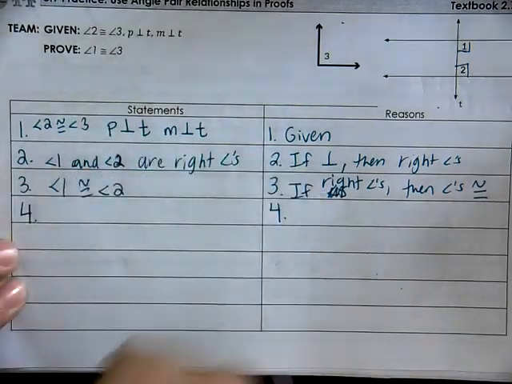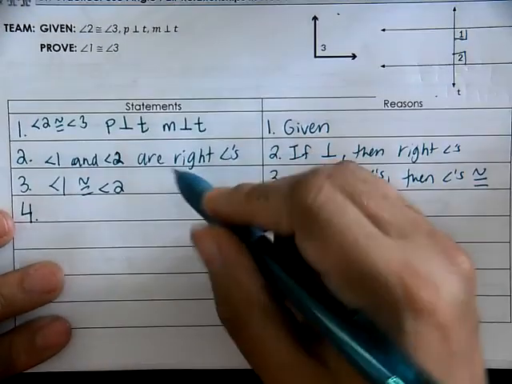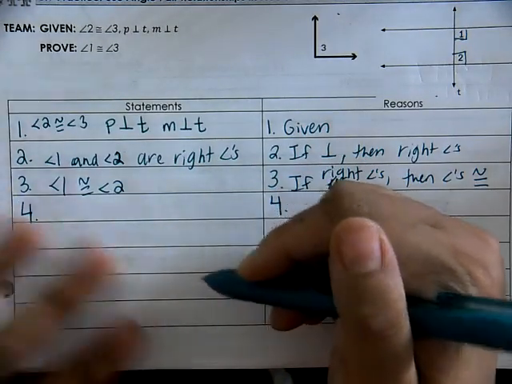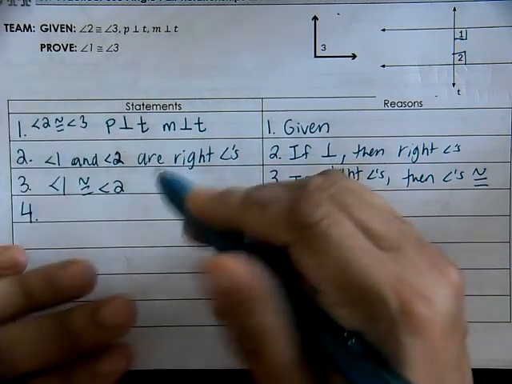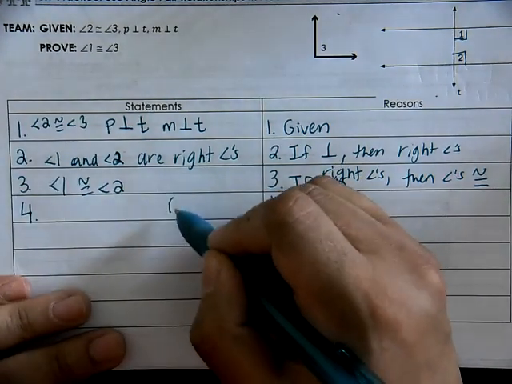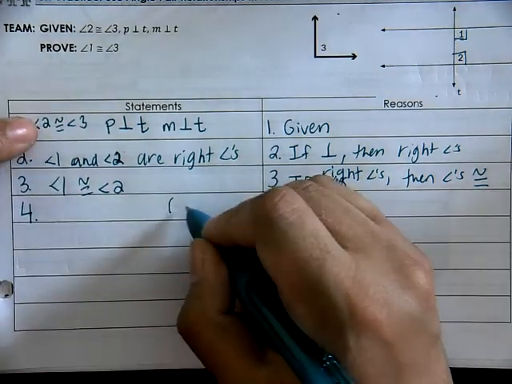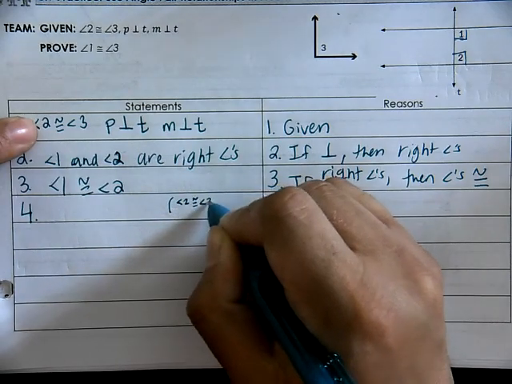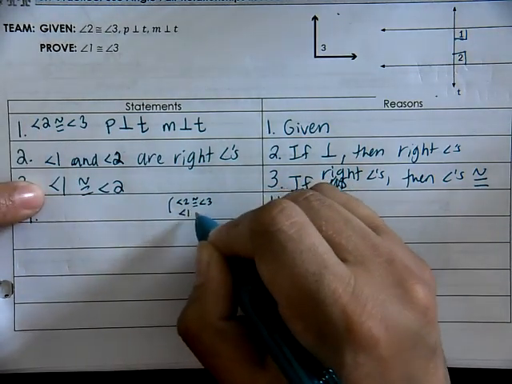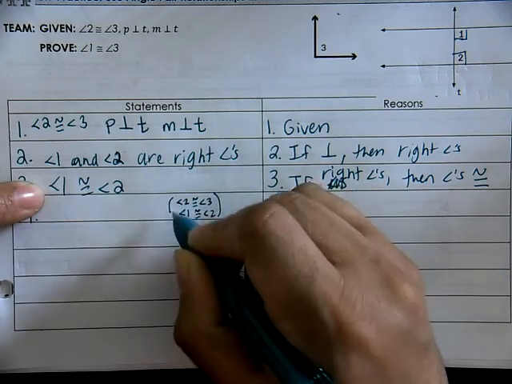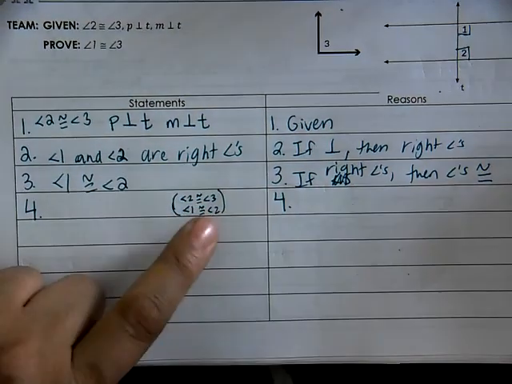So to help me get to step 4, if you need some scratch work off to the side, you can do it either somewhere else, or if you're going to do it on this step, please use parentheses to say, okay, angle 2 was congruent to angle 3, and angle 1 was congruent to angle 2 from the previous step. Using both of those, this is not part of the proof.